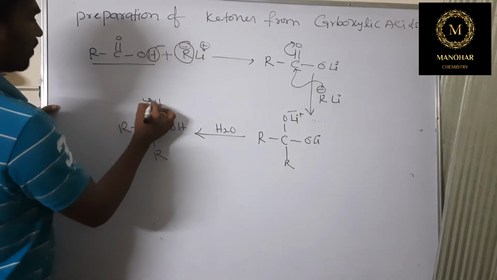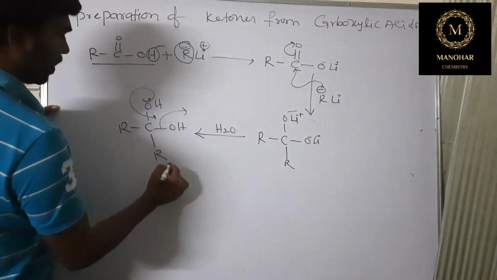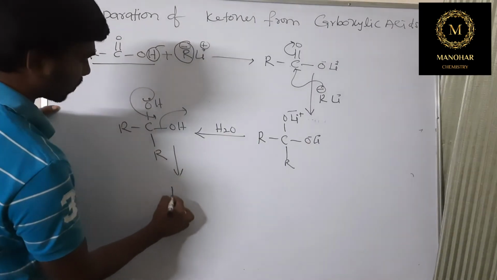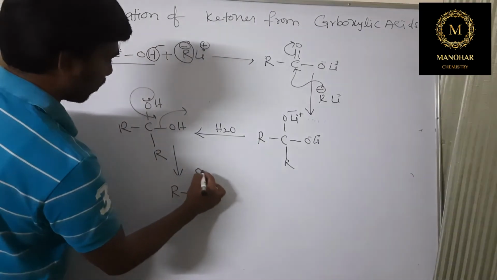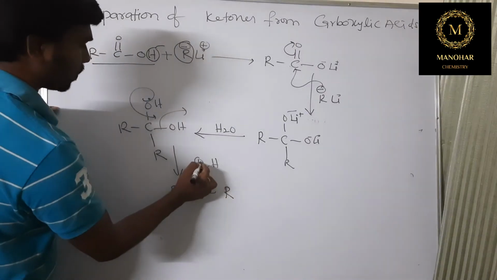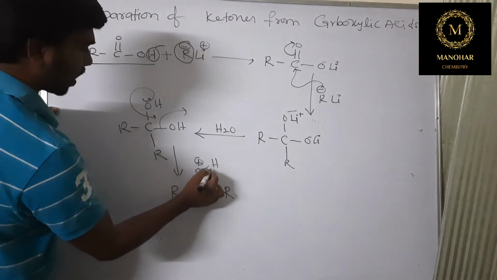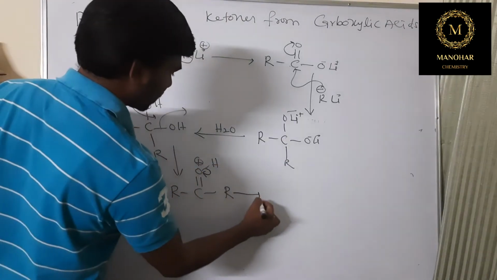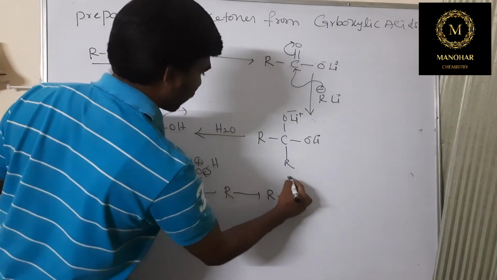Again it will shift like this and water will be eliminated. Because of that it is going to form RC double bond OH, and here R will come. To reduce this positive charge, this hydrogen also will be released in the form of H plus. Finally it is going to form a ketone.